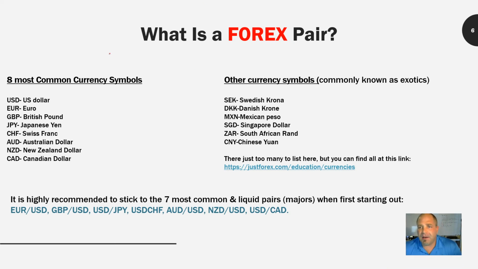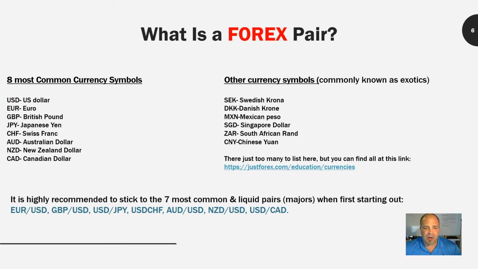So what's a Forex pair? I'm going to quickly go through this. Like I said earlier, when you're trading Forex, it comes in pairs. These are the 8 most common currency symbols: the US dollar, the euro, the British pound, JPY, Swiss franc, Australian dollar, New Zealand dollar, and Canadian dollar. And these are the abbreviations for those.